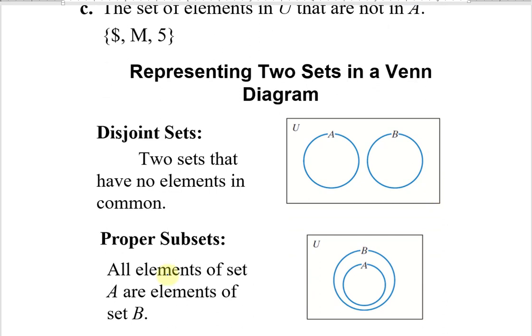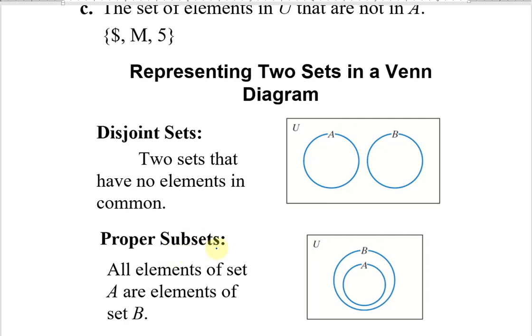Now we have another few definitions. Disjoint sets mean they don't have anything in common. Two separate circles: A is on the left side, B is on the right side. They don't overlap, they are not connecting.